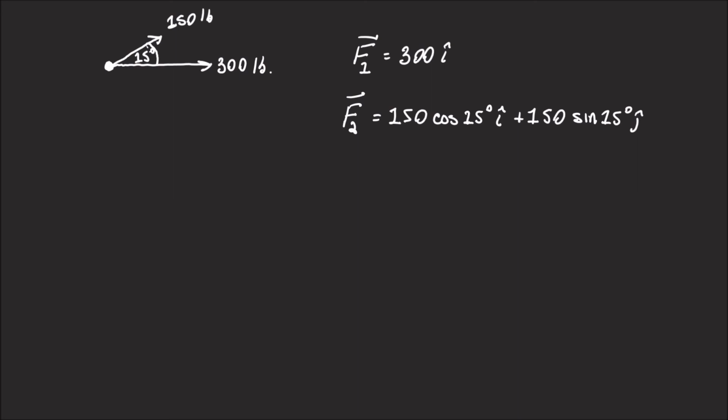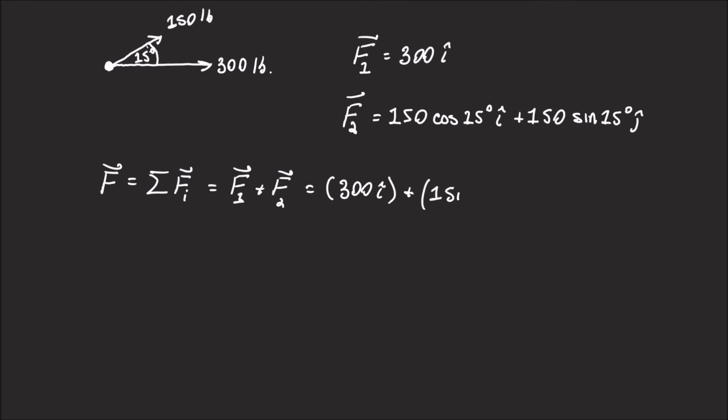The total force is the sum of forces. That is, it's F1 plus F2. So we have 300i plus 150 cosine of 15 degrees i plus 150 sine of 15 degrees j.